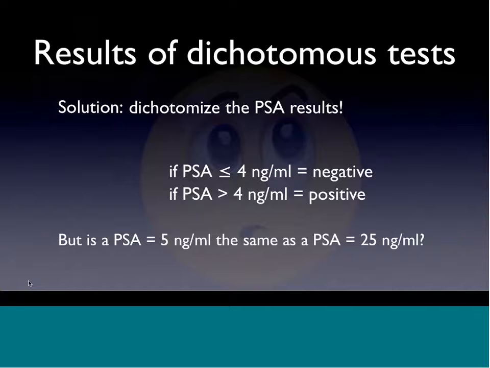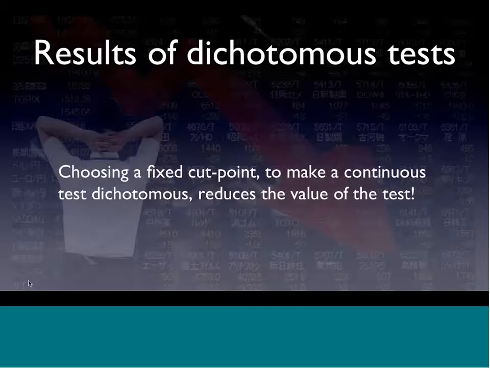Is it fair to bundle those two as the same positive? And the answer is no. Whenever you choose a fixed cut point and you make a continuous value test a dichotomous test, you're decreasing the value of that test. We'll take a look into that a little bit more.